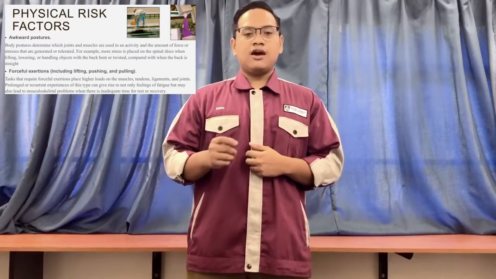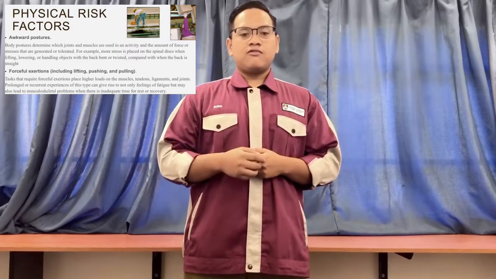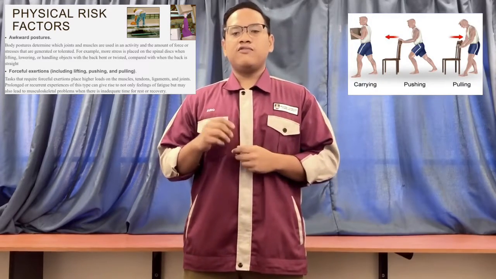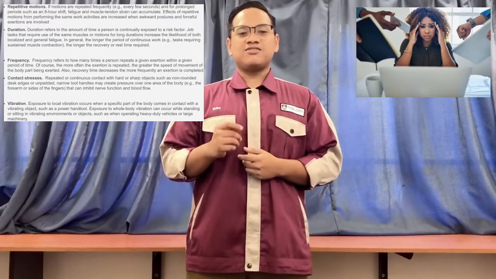Okay, to identify the risk factors, the first thing we need to do is identify the physical risk factors. These include awkward posture, forceful exertion including lifting, pushing, and pulling, repetitive motion, duration, frequency, contact stress, and vibration.